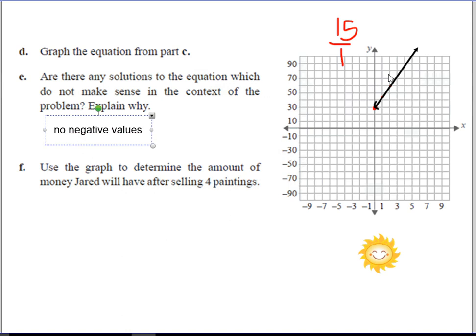So no negative paintings, no negative dollars. And so what we're really doing is sticking again to this first quadrant for answers that make sense.